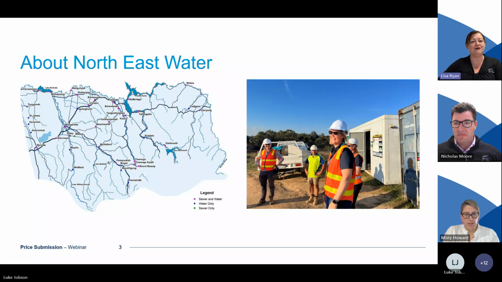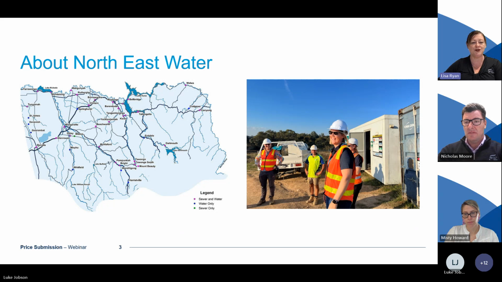A little bit about North East Water, and I think there are a few key points that may be of interest to those present. Essentially, we plan for and provide critical water and sewage services to 39 towns across a 20,000 square kilometre region. We serve over 120,000 people, ensuring they have access to high quality, clean and safe water.